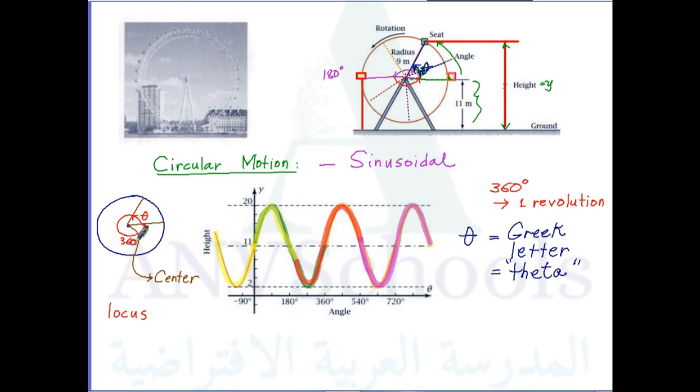This is one complete circle or one complete revolution. When it rotates again, it could do two complete revolutions, so that's 720, and so on and so forth. There is no limit for theta along the path of the circular motion or the sinusoidal motion. Okay, so that is all about periodic functions.